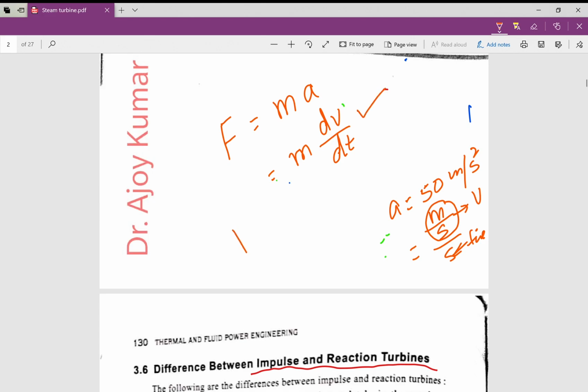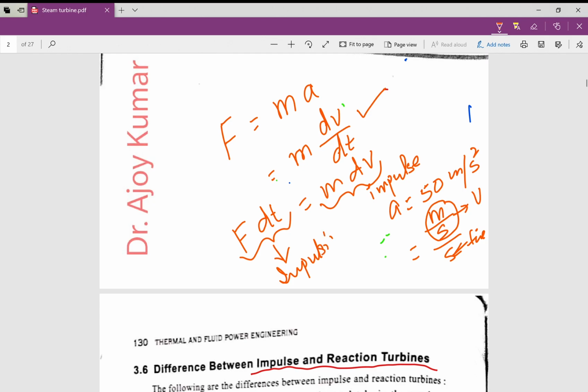Now F into dt is equal to m into dv. So dear students, this m into dv is called impulse and F into dt is called impulsive force.